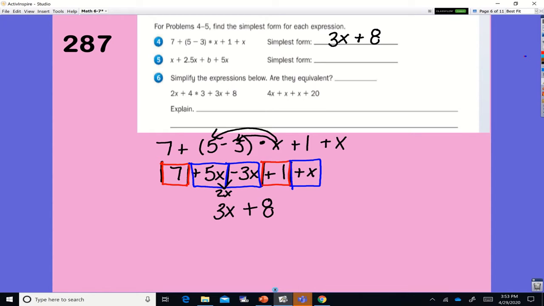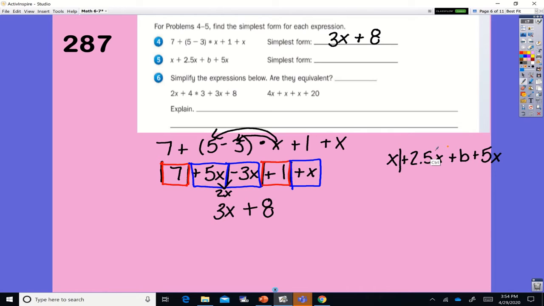Same thing with number 5. Okay? We're going to go through, and I'm going to write it right here. So we have x plus 2.5x plus b plus 5x. Yes, there's two variables, but that's totally okay. So we're going to do orange for our b, which I forgot to separate my lines.